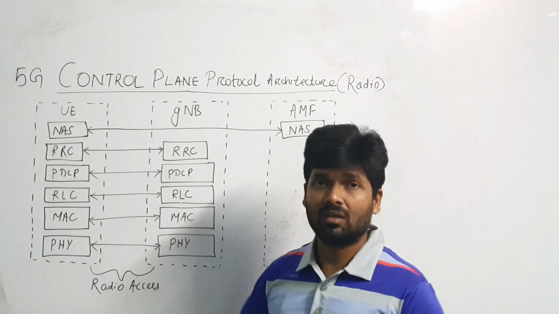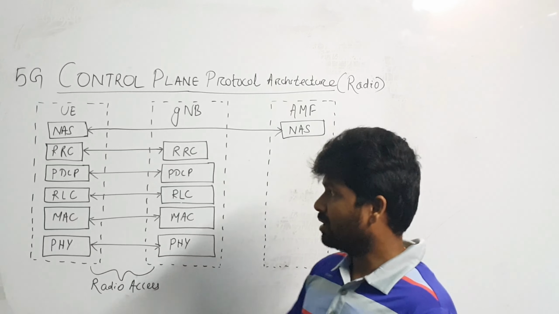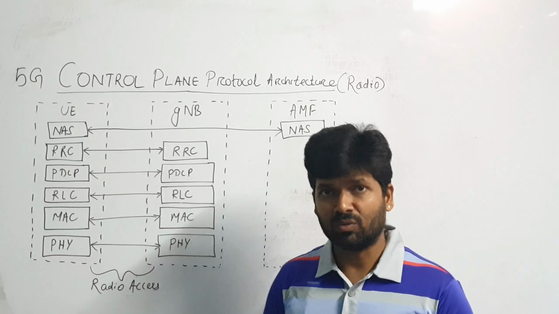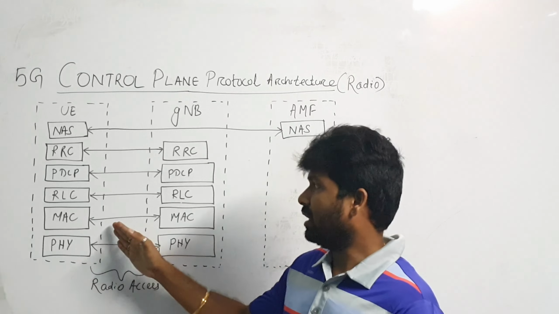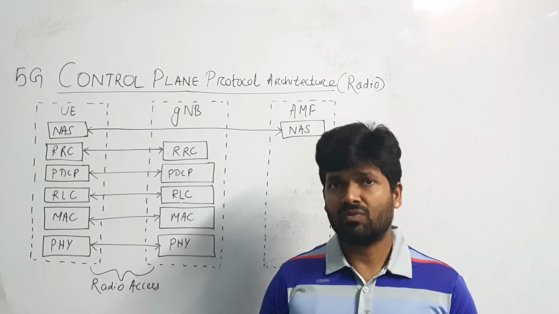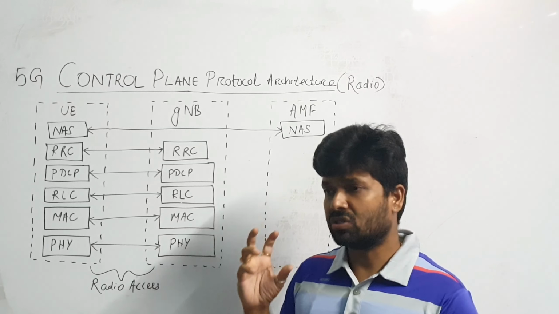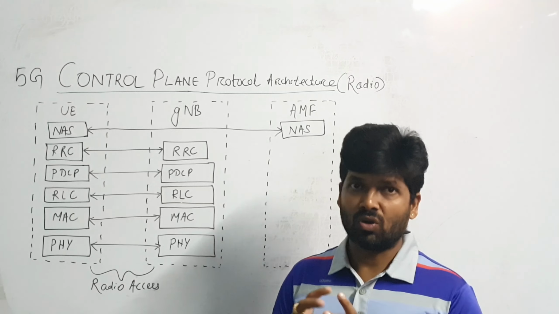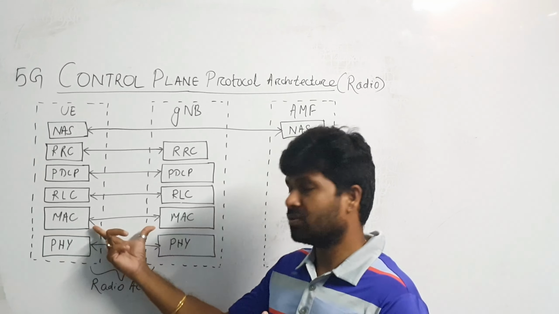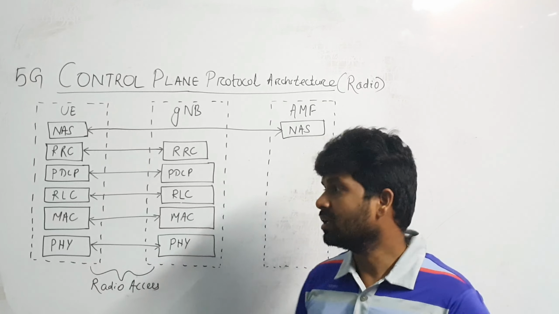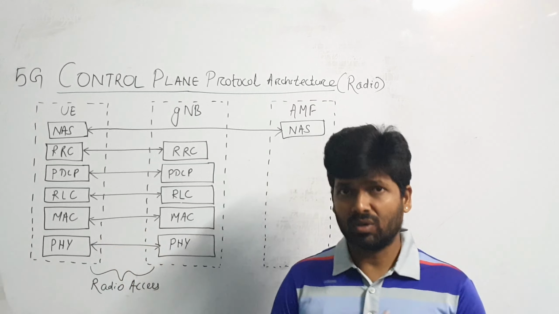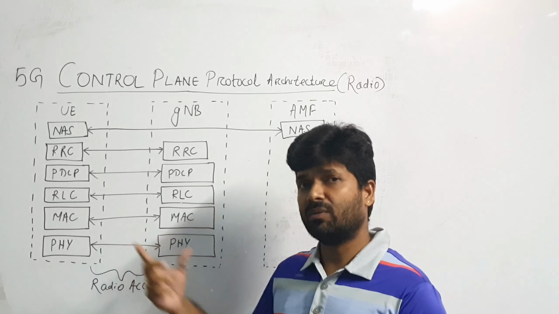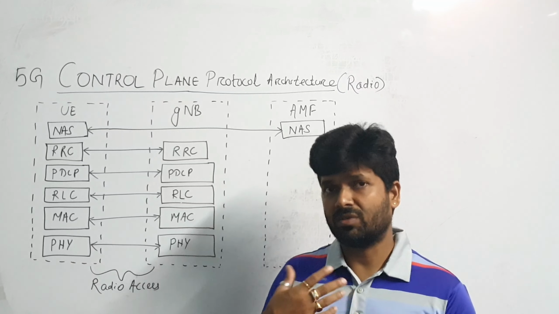The next one is MAC, or the medium access control, which deals with hybrid automatic repeat request. This is basically used for mapping from logical channels to transport channels. The transport block size and all those things are decided here at the MAC level. It is used as a scheduler for the radio scheduling part, like which particular things will be scheduled when.